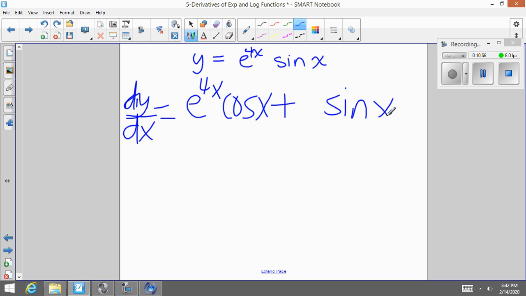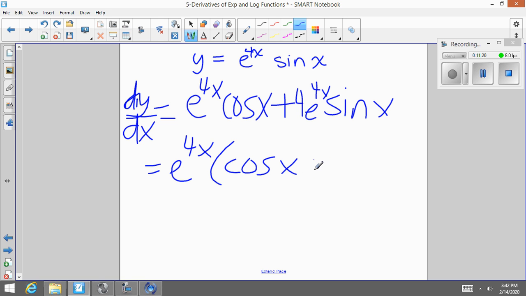Derivative of e to the 4x is going to be e to the 4x, but then times 4, which is the derivative of 4x. So that'll be 4e to the 4x power. And then we could factor out an e to the 4x from each term, and then that would leave cosine of x plus 4 times sine of x.